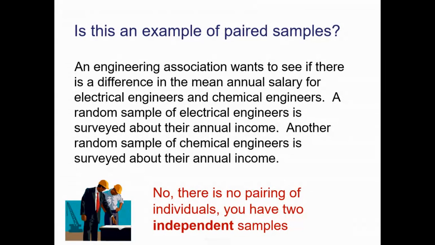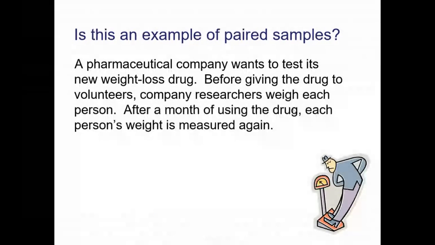Okay, what about this next one? A pharmaceutical company wants to test its new weight loss drug. Before giving the drug to volunteers, company researchers weigh each person, and then after a month of using the drug, each person's weight is measured again. Is that a paired sample?